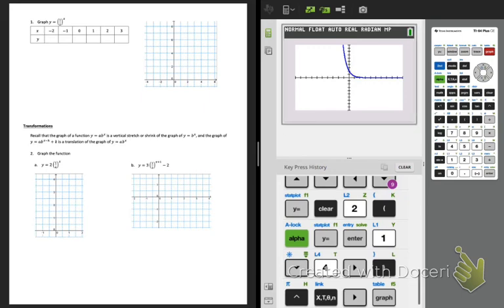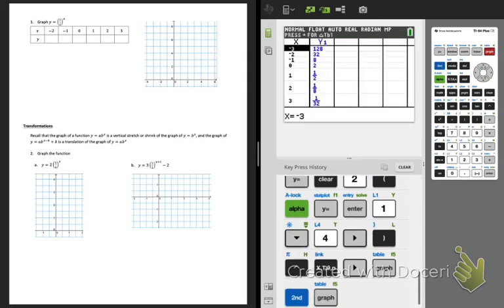Okay, so we can see this really affects the sharpness of the curve more than anything else. It doesn't really look like it moves too much on the axes because there's nothing affecting the exponent. There's nothing being added or subtracted to the function itself, so it's not really shifting vertically or horizontally. It's just the sharpness of the curve that's changing. So we'll go to our table. We'll pick a handful of points here.